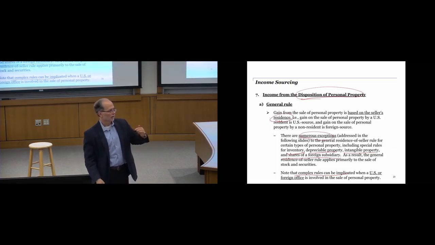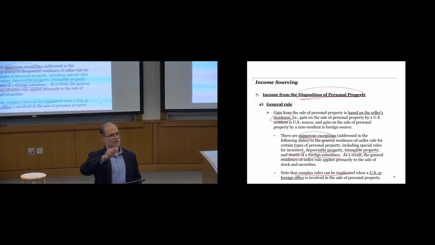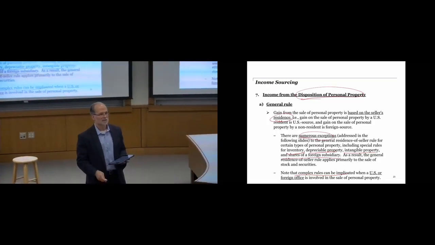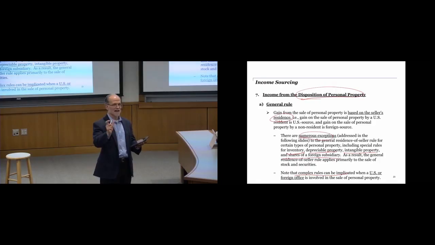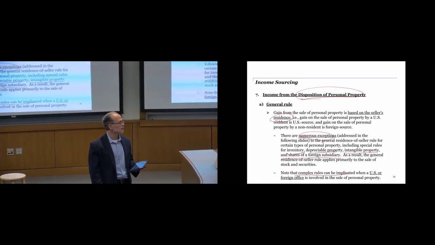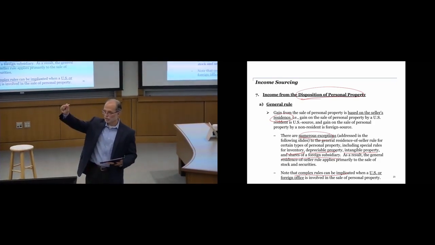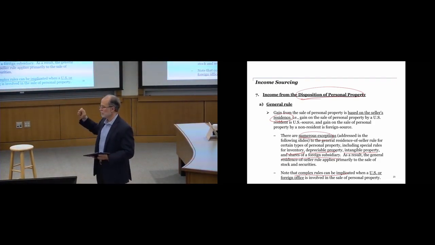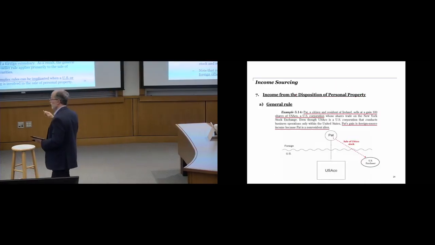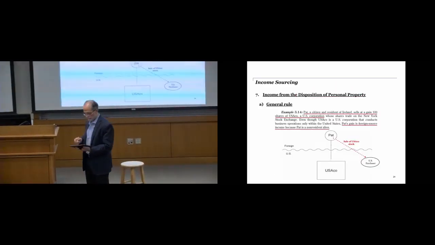So yeah, you'd have to blast through all those types of little exceptions and make sure you've got exactly what is being sold. Okay, so we have a general rule, seller's residence, and then we have exceptions to that rule, so we have to make sure we really hone in on what is being sold.